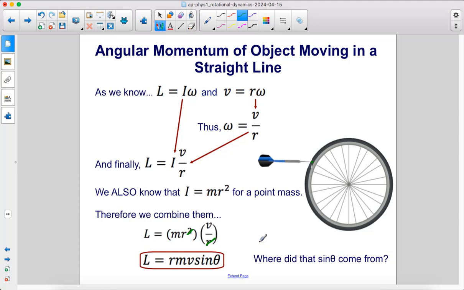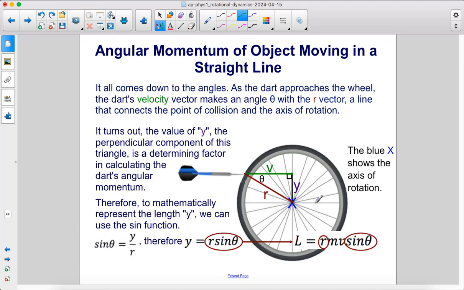But where did that sine theta come from? It all comes down to the angles. As the dart approaches the wheel, the dart's velocity vector, shown here in green, makes an angle theta with the r vector, a line that connects the point of collision and the axis of rotation. It turns out the value of y, this line right here, the perpendicular component of this triangle, is the determining factor in calculating the dart's angular momentum.